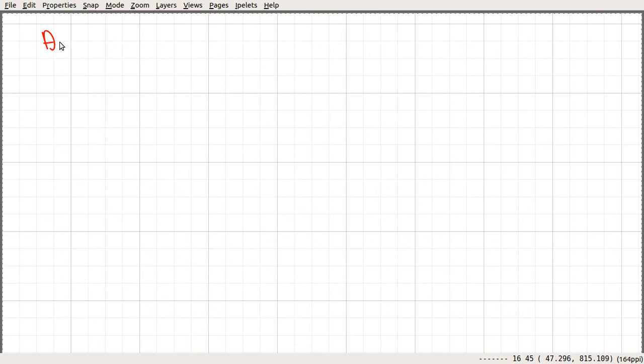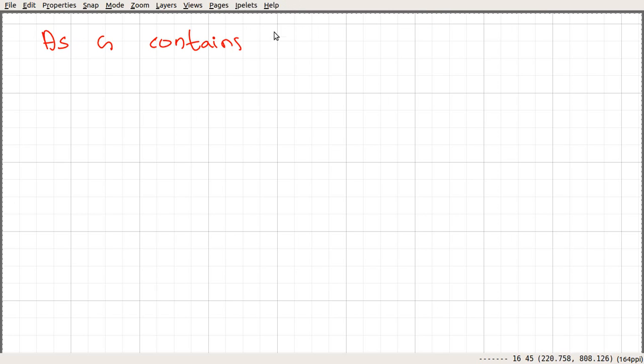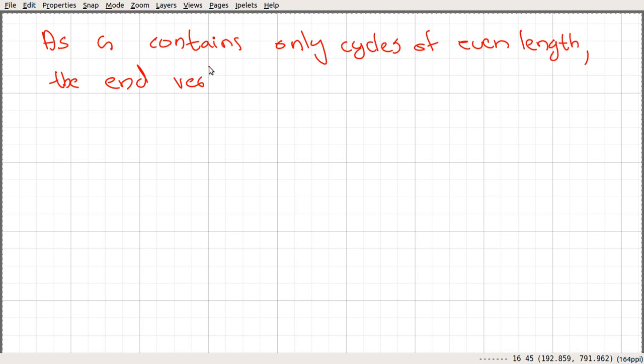So as G contains only cycles of even length, the end vertices of each chord get different colors.